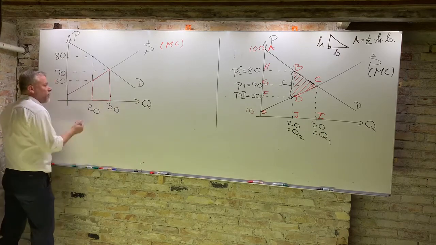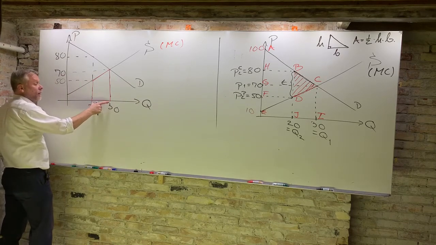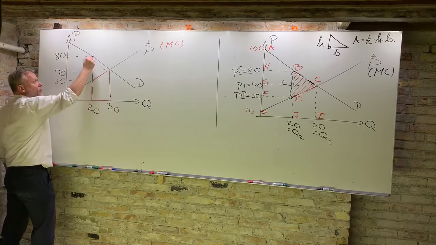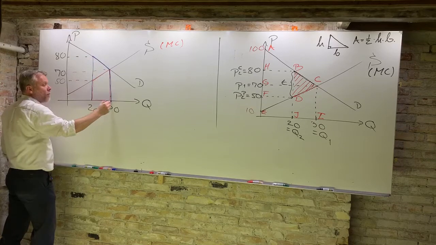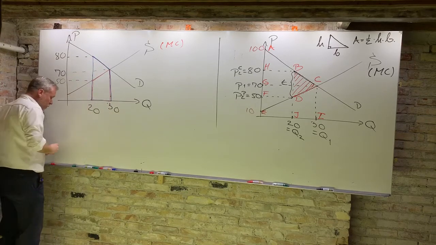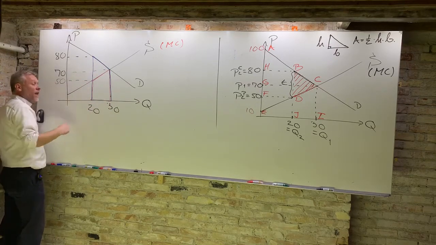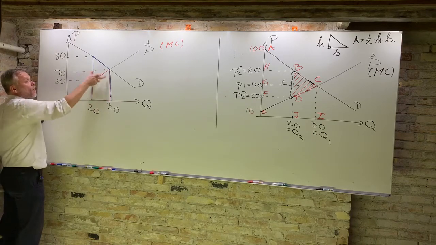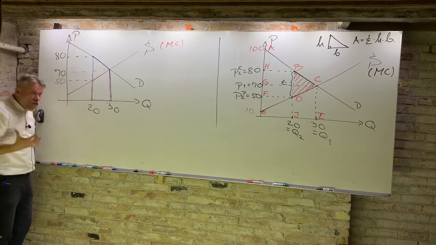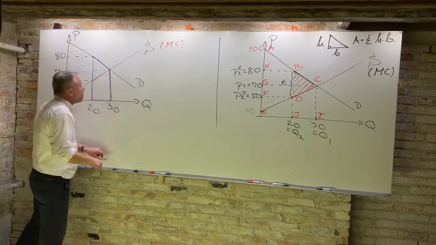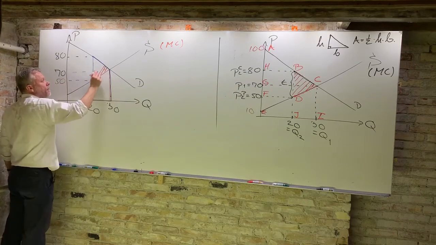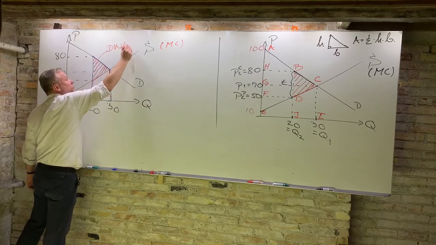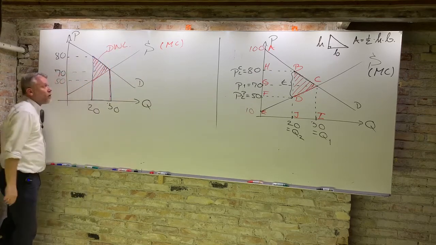Then you look between those 2 quantities, just look, don't calculate anything, at the area underneath the demand curve. And then you remember that this area corresponds to how much consumers are willing to pay for those quantities. In other words, that must reflect how much they think those units are worth. And then without thinking, you can say that the deadweight loss must be the difference between those 2 areas. Let's abbreviate it, deadweight loss, DWL.